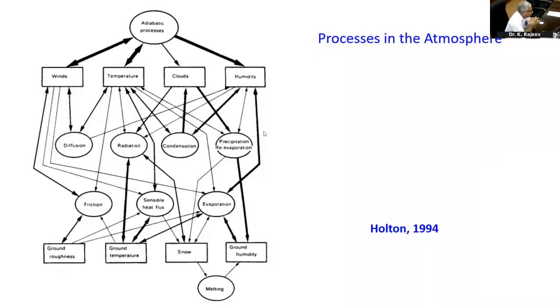Basically, why I put this picture is to tell you what the primary parameters are that we have to look for in the atmosphere: winds, temperature, clouds. Your Navier-Stokes equation you take, that is the most primary thing. Wind is already there. Humidity, you have the water vapor continuity equation. Temperature, you have the energetics that is coming in. And clouds control radiation, again energetics.